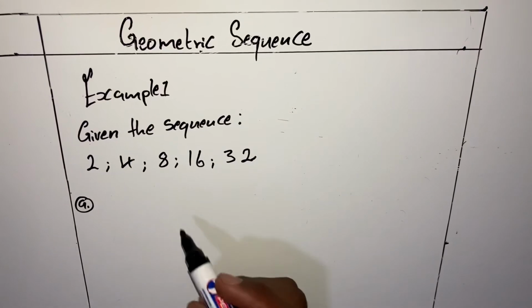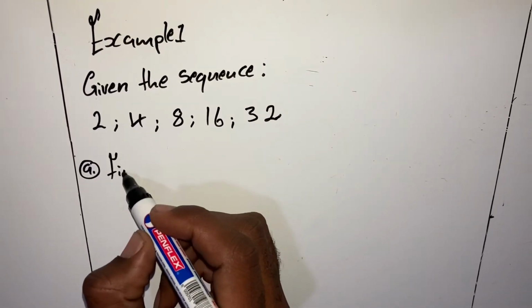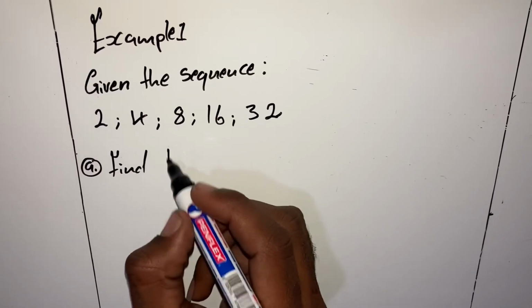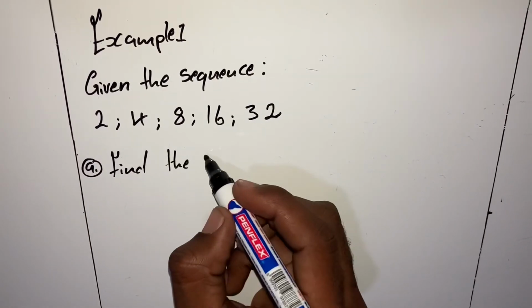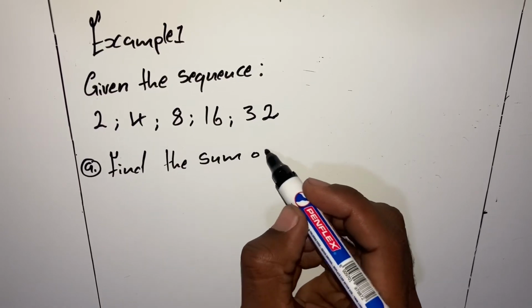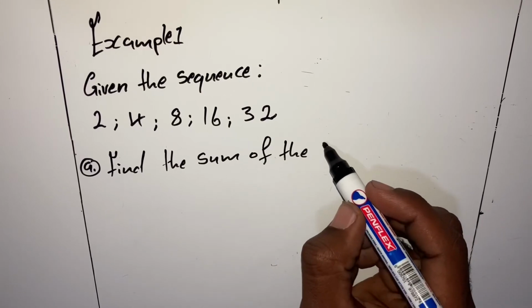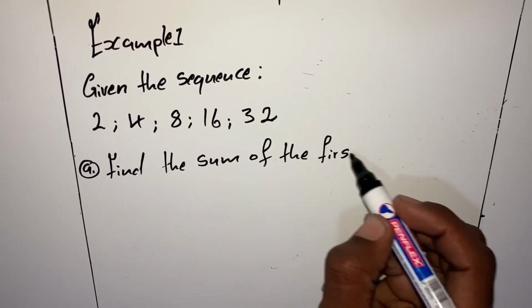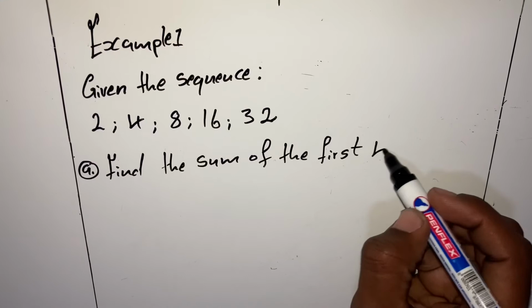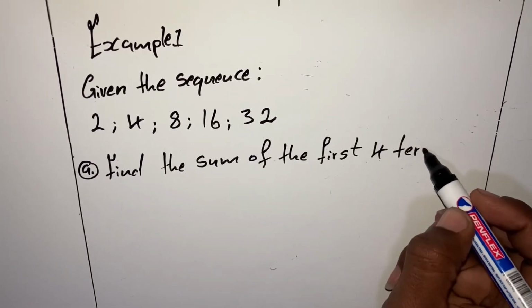The first question is, find the sum of the first 4 terms.